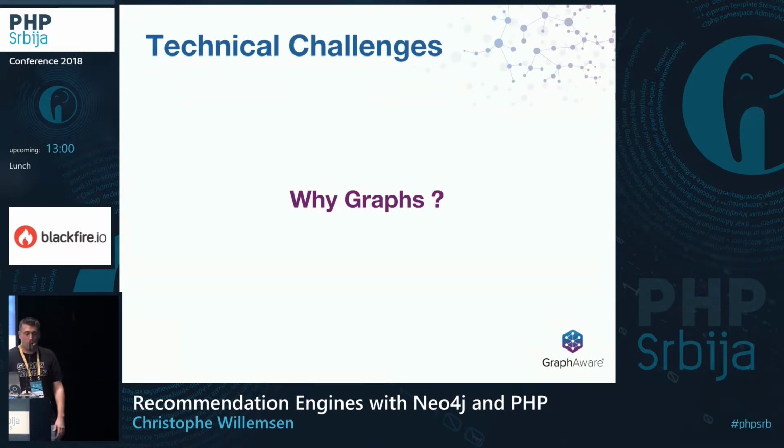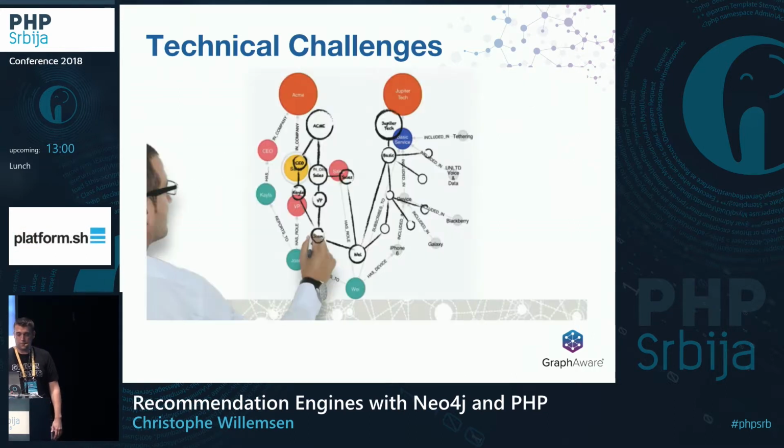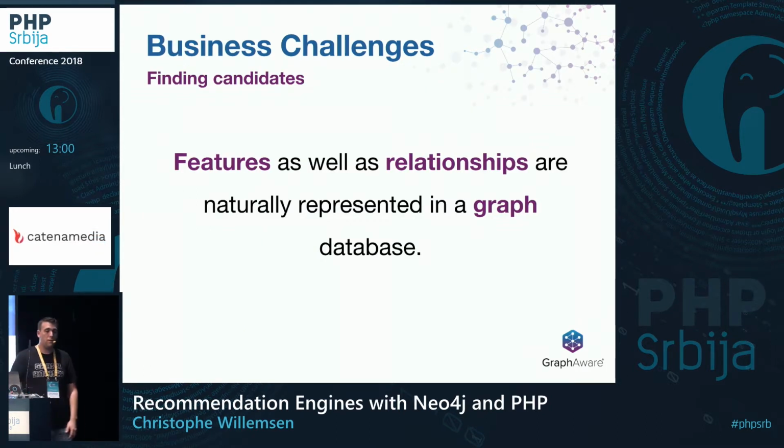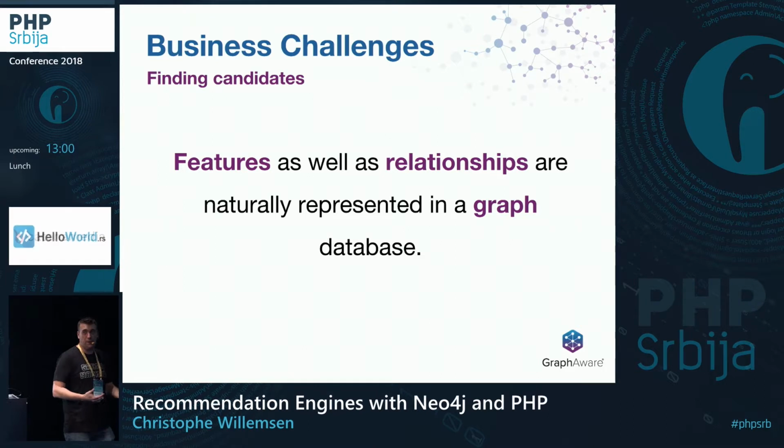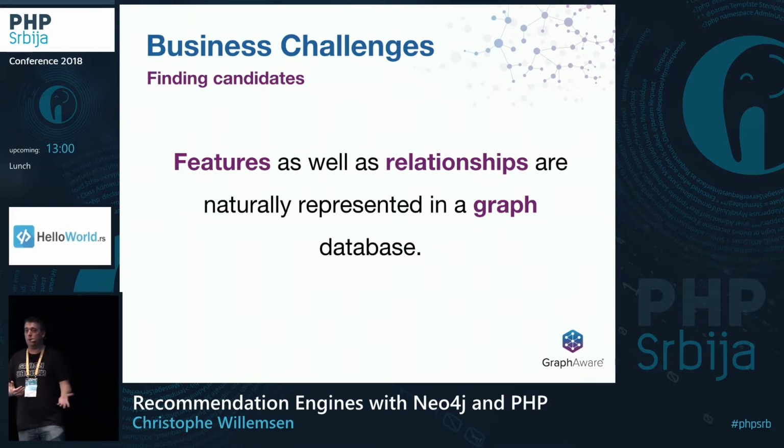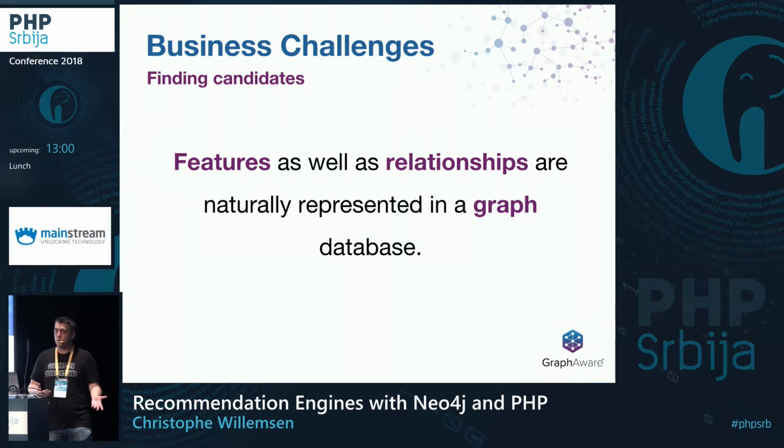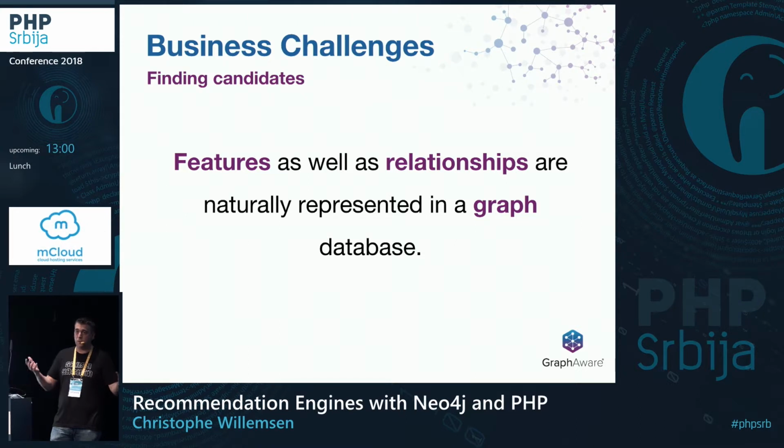So why graphs? Simplicity, of course, because if you think about ways of finding users, for example, features of your user, so it can be items alike, topics alike, etc., as well as the relationships between the user and the items, can naturally be represented in a graph.